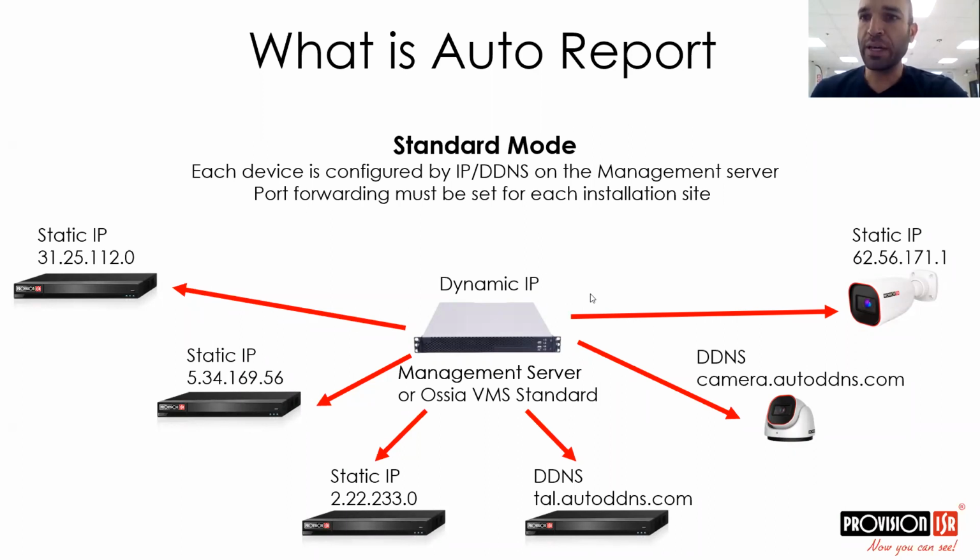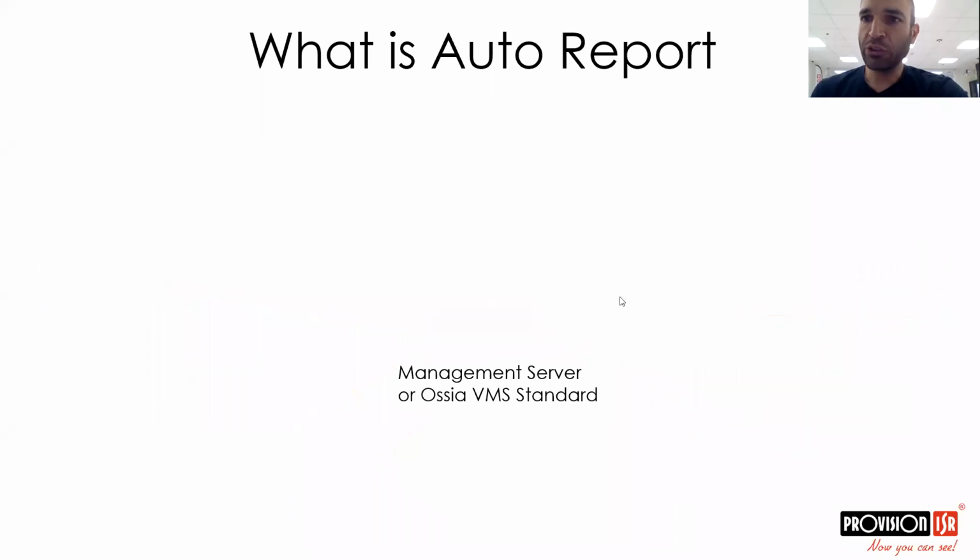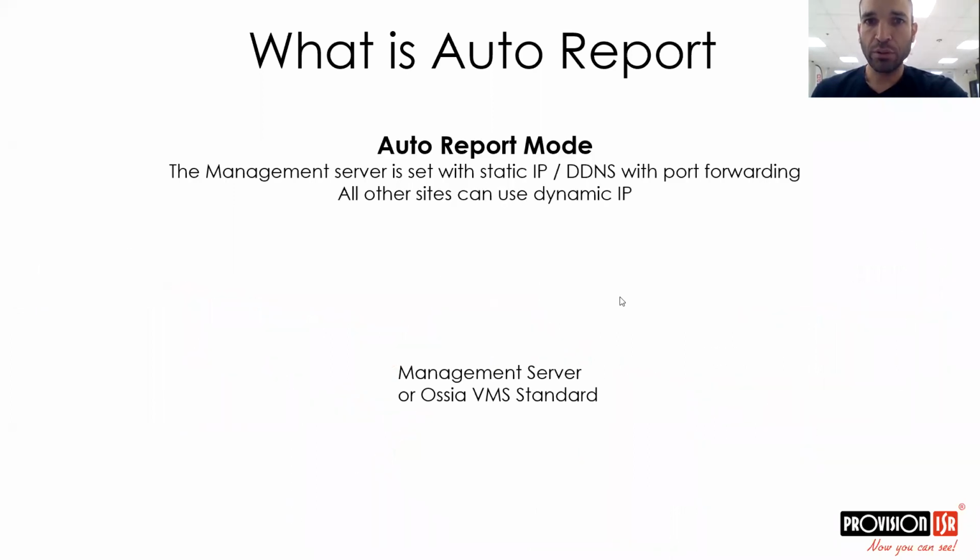What we did with the auto report is actually to change the roles. Okay, auto report. What we are doing, we are giving only the VMS static IP or DDNS. Of course, the static IP is preferred, but DDNS can also work.